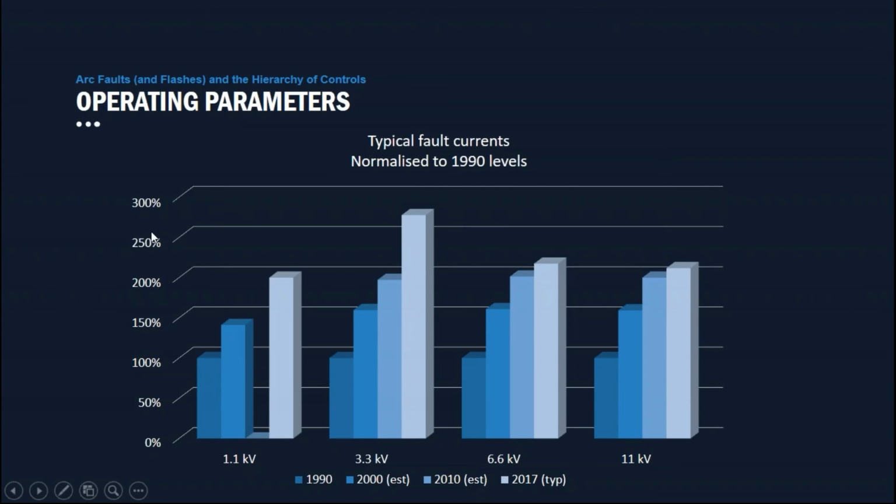Typical fault currents, we talked about the significance of the fault currents. We did a little bit of homework to normalise around 1990 levels. So the work that Ken Byers did at SIMTARS in 1990 is 100% here. And if you look from 1990, 2000, 2010, 2017, we can see that the typical fault currents are around twice what they were back in 1990.